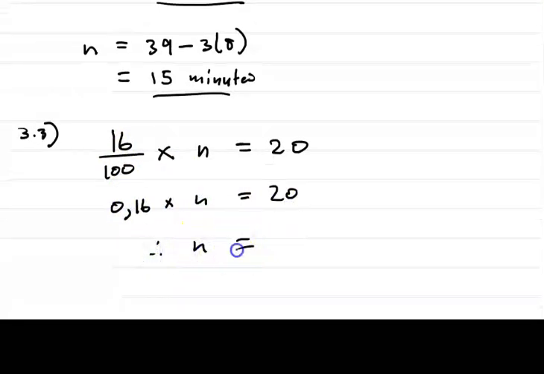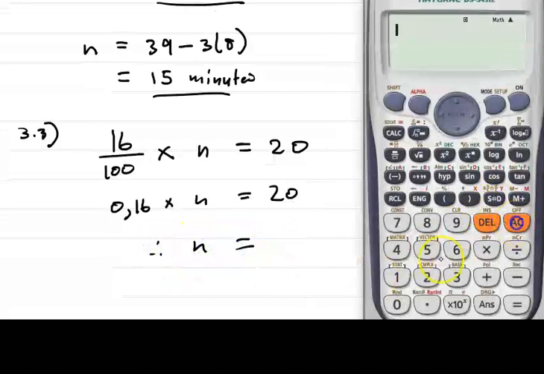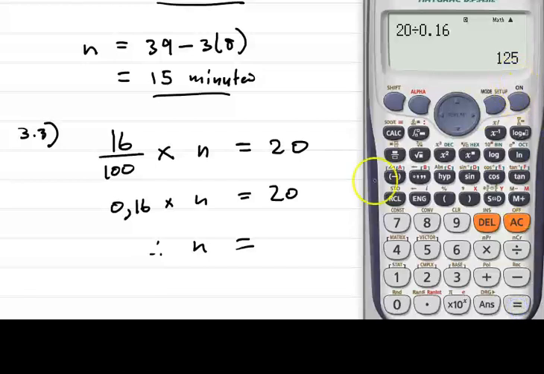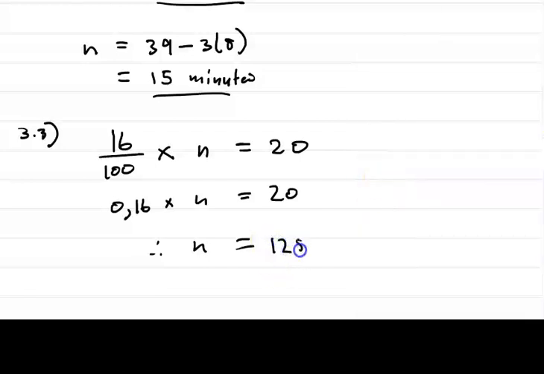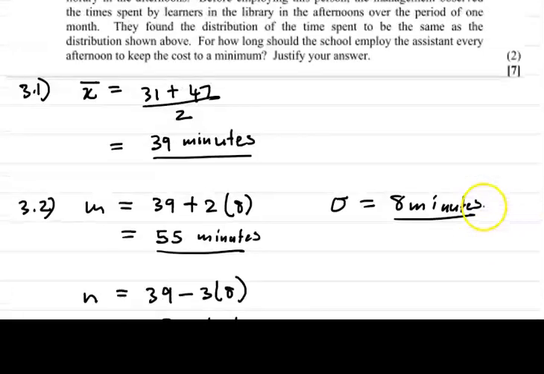Therefore n equals 20 divided by 0.16, which equals 125 learners. So a total of 125 learners were at the library on that particular afternoon.